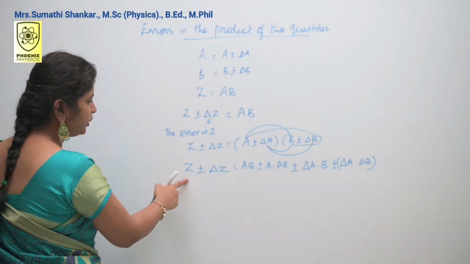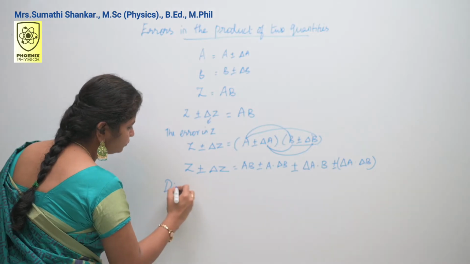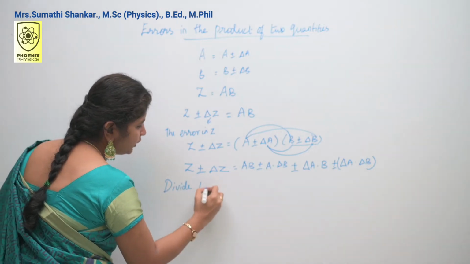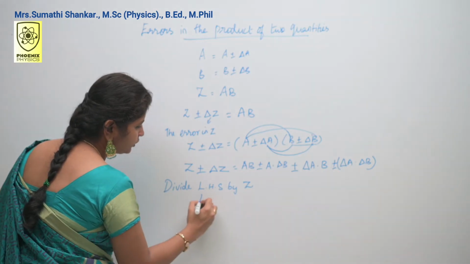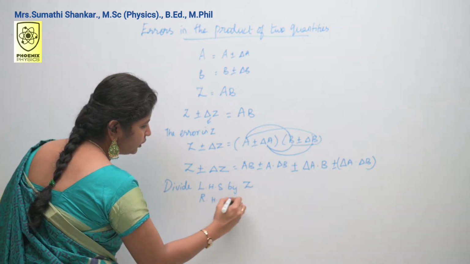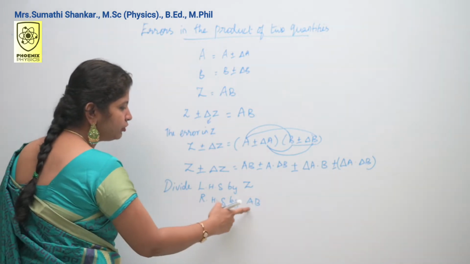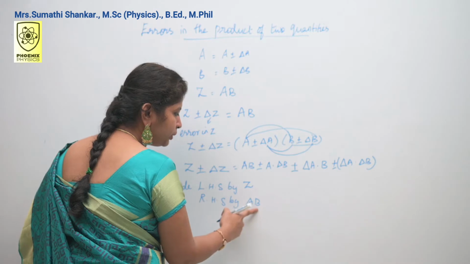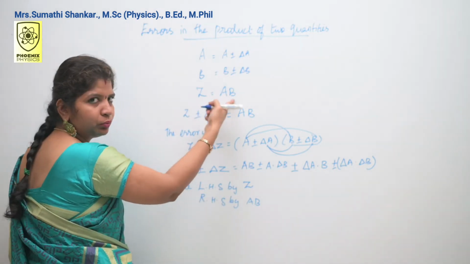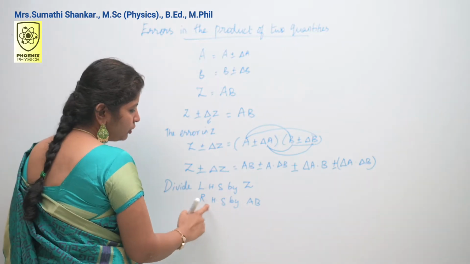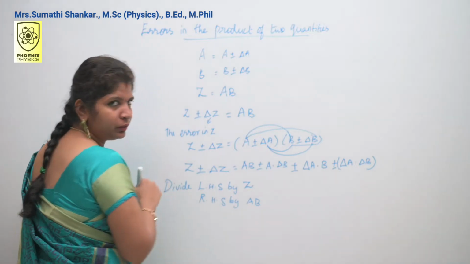Here this is my left hand side and this is my right hand side. Divide LHS, left hand side, by Z and right hand side by AB. Why am I dividing the right hand side by AB? Because you know that Z is equal to AB, both are same. So for my convenience I am considering AB.